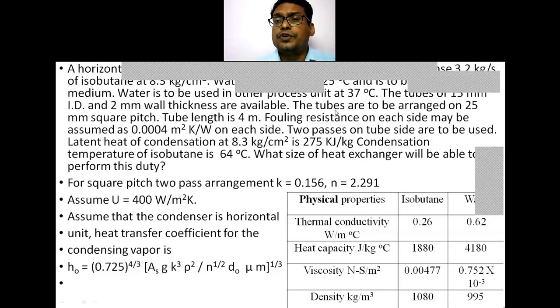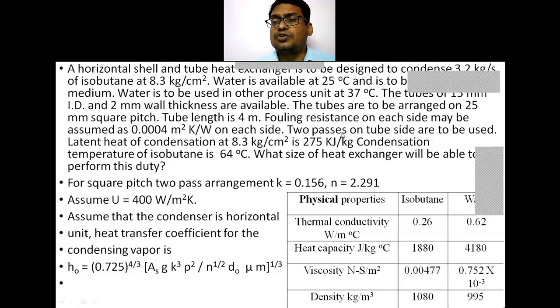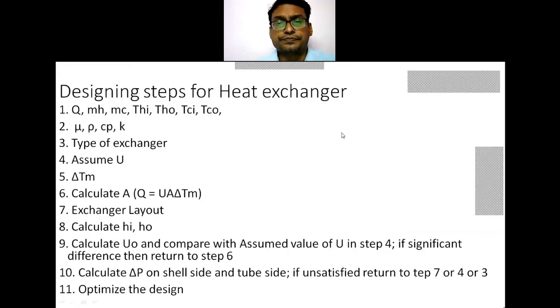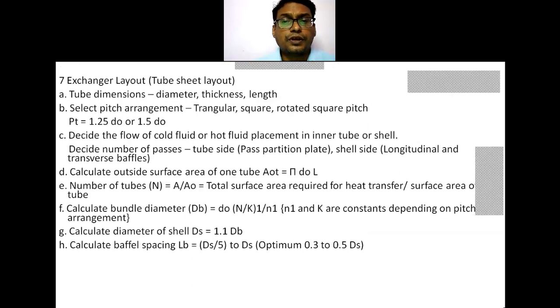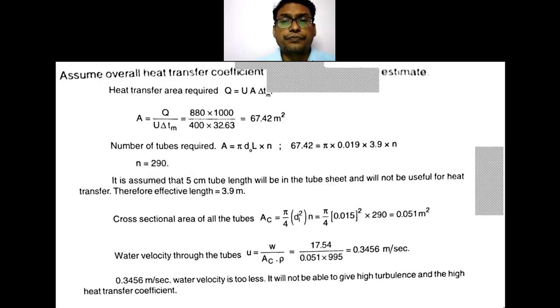So water flowing through the tubes will have two passes on the tube side. Then next is to calculate the outside surface area for one tube, the number of tubes, the bundle diameter, the shell diameter, and the baffle spacing. One by one we will see here.